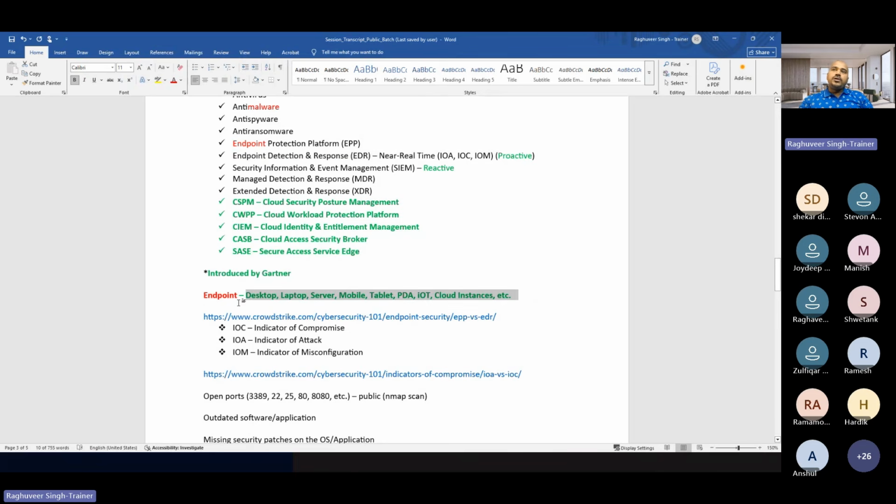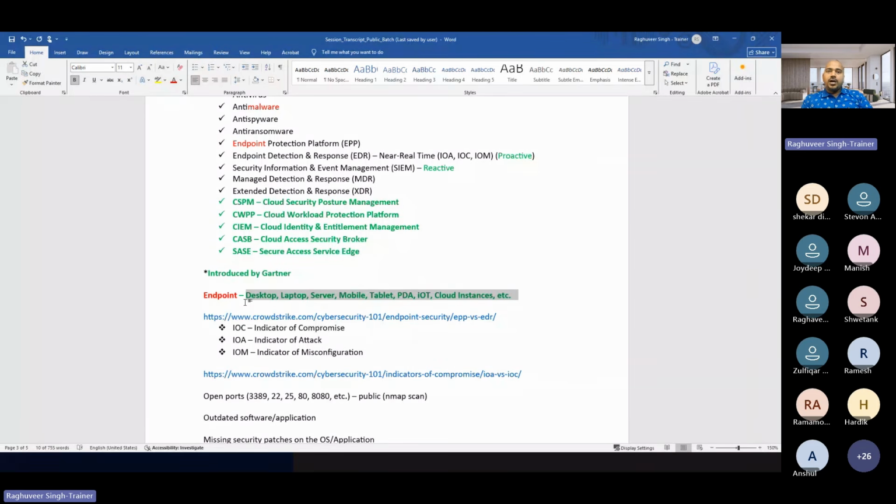An endpoint could be a desktop, a laptop, a server, a mobile phone or smartphone, a tablet, a portable desktop assistant. It could be an IoT device also, because in manufacturing units or in some other businesses, we use IoT and OT devices also.